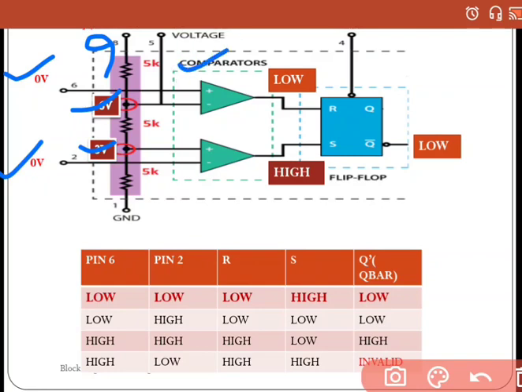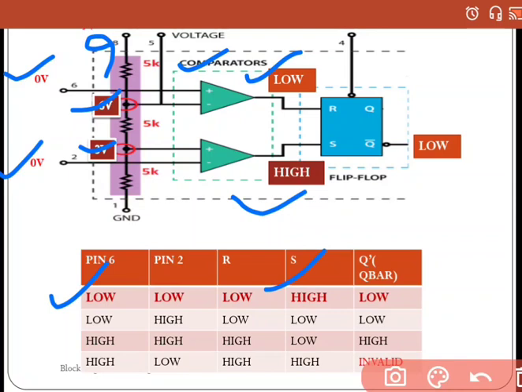At this comparator, the inverting input terminal is getting 6 volt and the non-inverting input terminal is getting 0 volt, so obviously its output will be low. Here it is 3 volt and 0 volt. Again, the non-inverting input terminal voltage is greater than the inverting input terminal voltage, so the output will be high. So that is mentioned here.